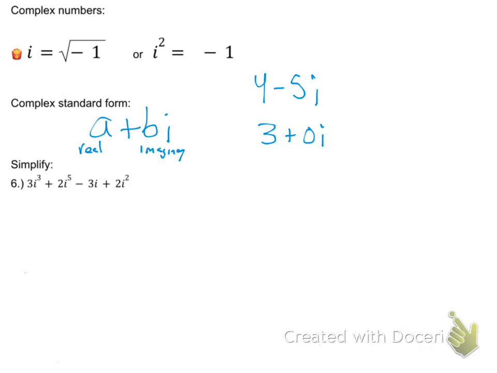What this leads to, guys, is simplifying expressions with i to a higher power. This is like a 3, maybe 4-step process. Number 1, what does it mean to have i to the third power?